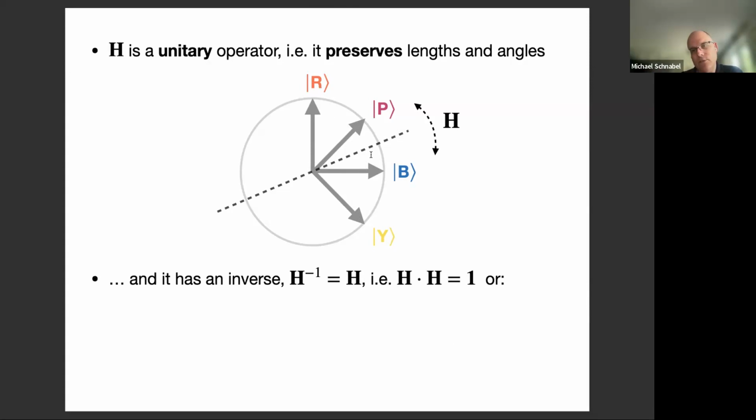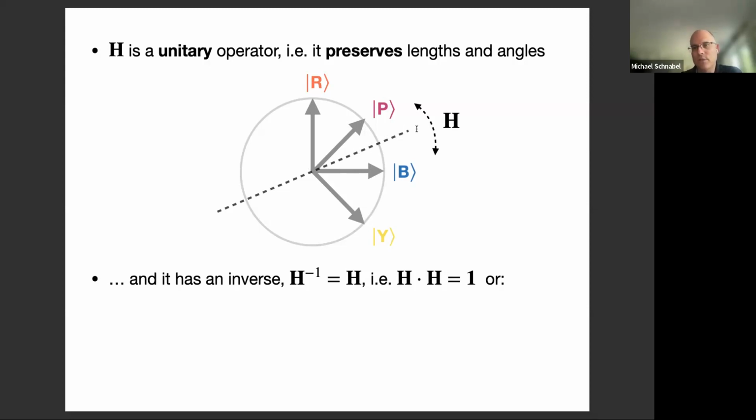So what this is doing, it's mirroring at this axis. So the blue becomes this and the red becomes this. So you see the Hadamard gate is a type of mirroring operation.